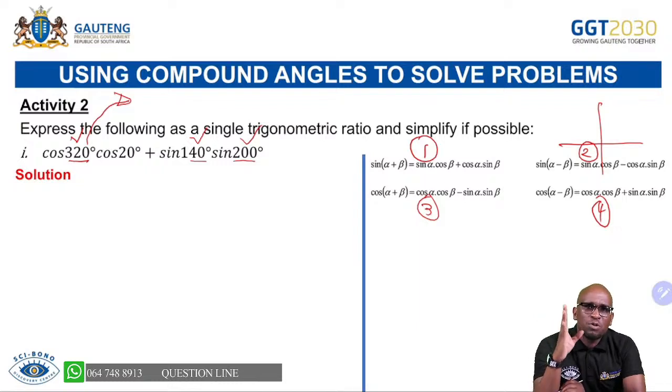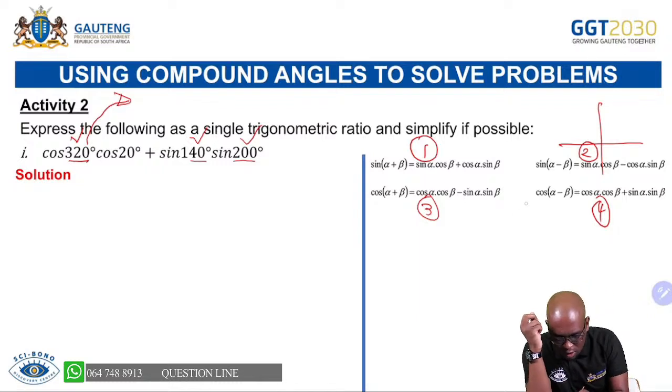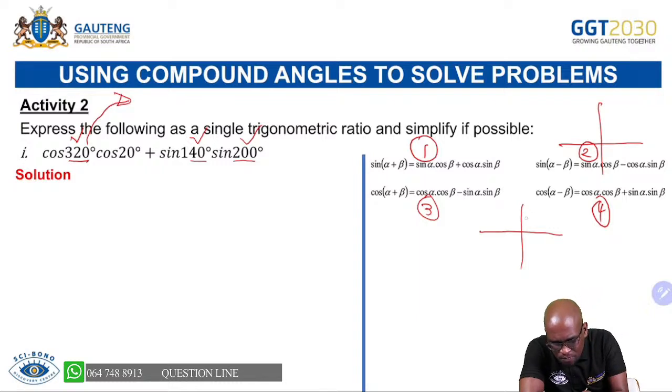In order to do that, we locate the quadrant where 320 is. It is in the fourth quadrant. Looking at the reduction instructions here, we have 180 minus theta, 180 degrees plus theta, and 360 degrees minus theta.